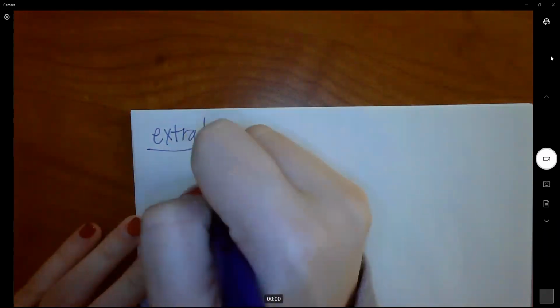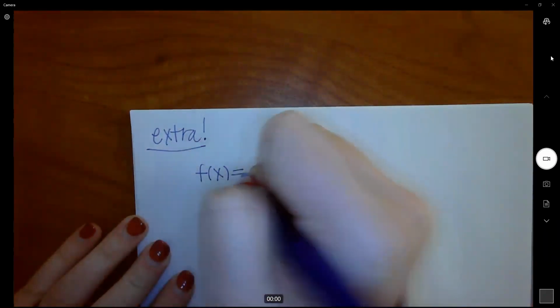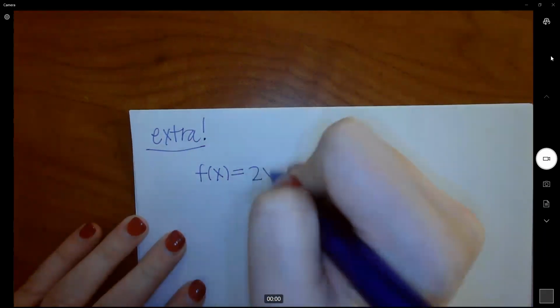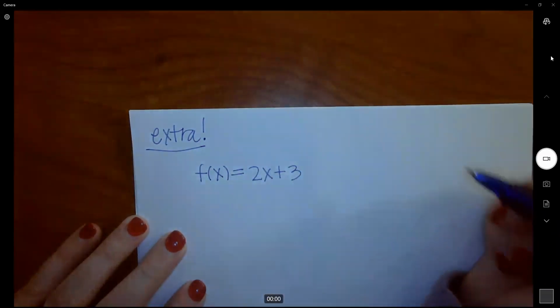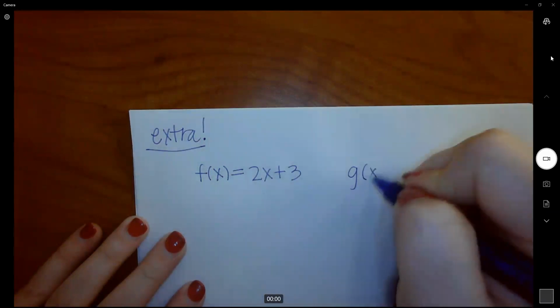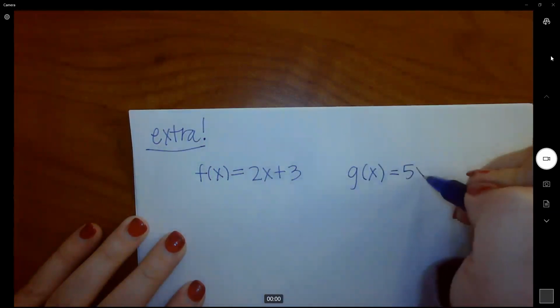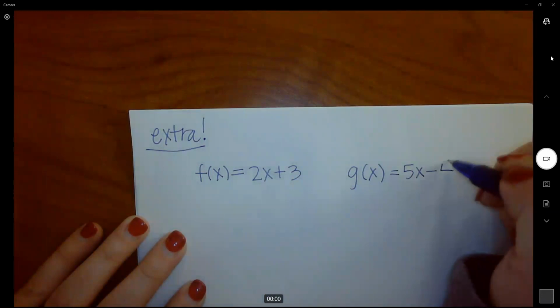I'm only going to do one example of this. But let's say we have a function f of x and it equals 2x plus 3. And then I have a function g of x and it equals 5x minus 4.